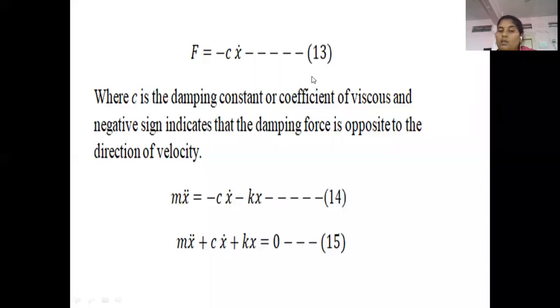If we rearrange the equation number 14, it becomes mx double dot plus Cx dot plus Kx equal to 0.